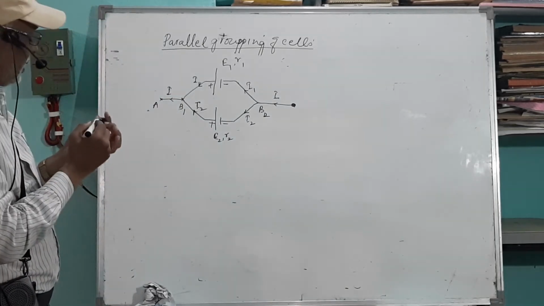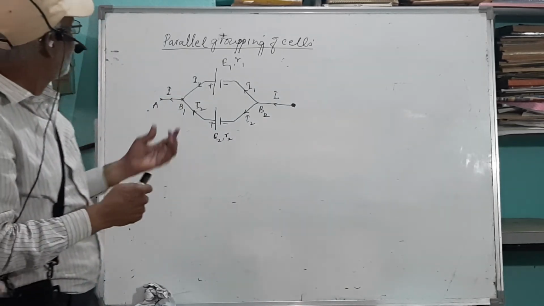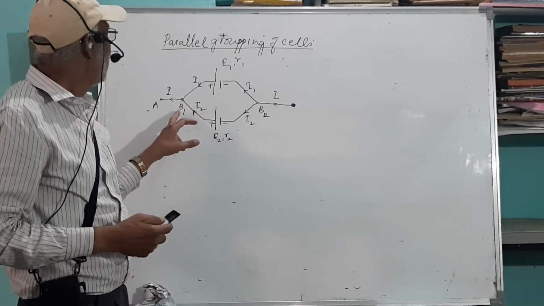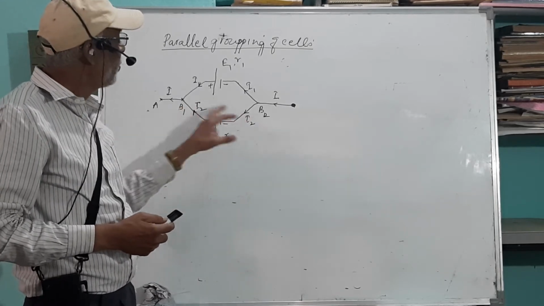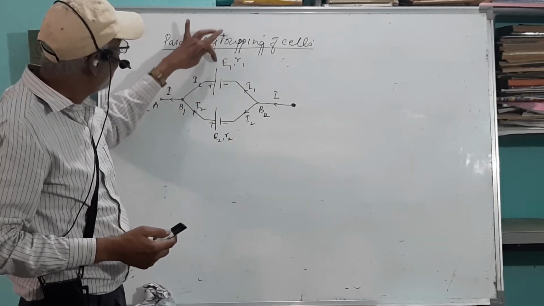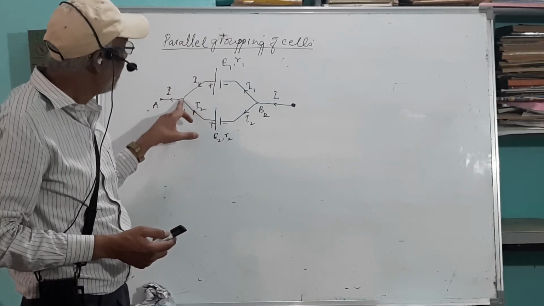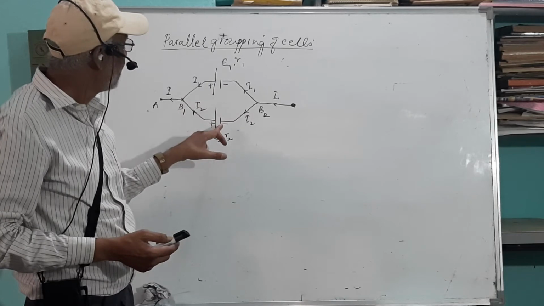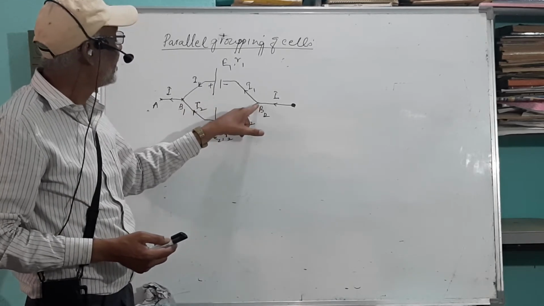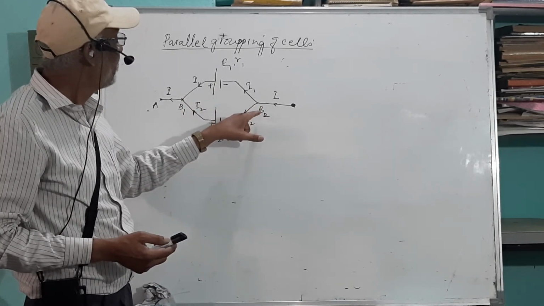You see that these are the two given points. B1 and B2 are the two given points. The positive terminals of the two cells are connected at one point, B1, and the negative terminals of the two cells are connected at the second point, B2.